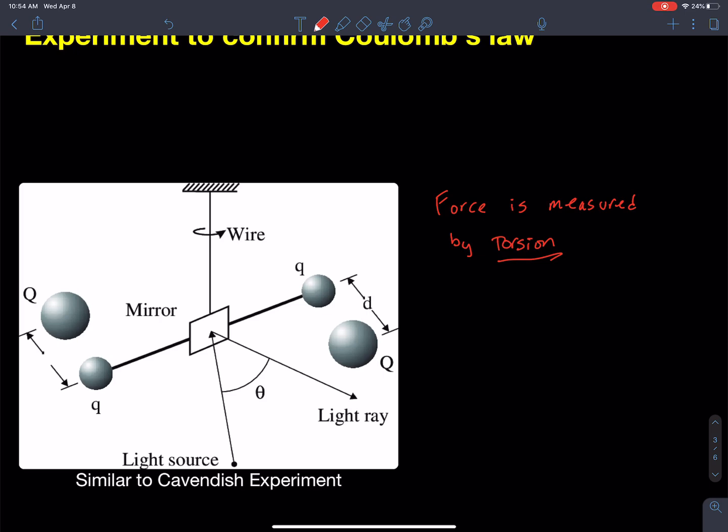And then what I can change in the experiment is Q1 and Q2. I can change those, and I can also change the distance. So they would have kept some of these variables constant and changed others, and then they'd be able to work it out. How is it related? If I double the distance, triple the distance, what happens?